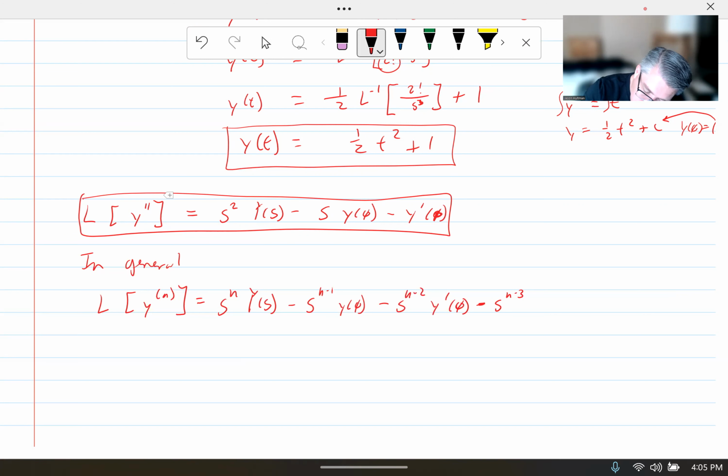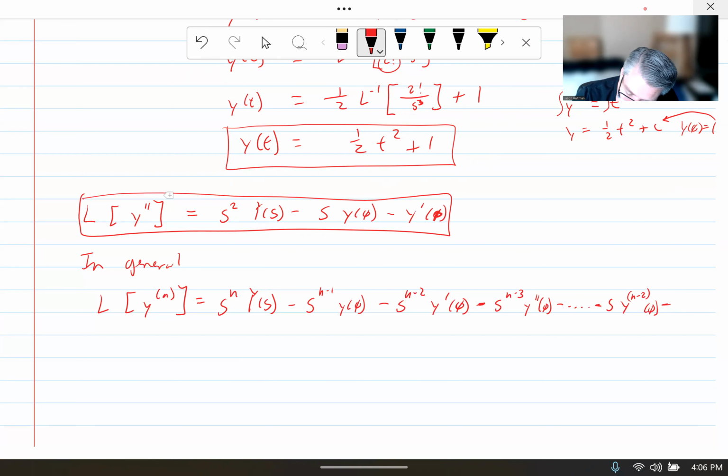times y double prime naught, minus, and this would go all the way to the last term. The next one would just go to 0, since it would be n minus n. So that would be s to the n minus n, which is s to the 0 power.